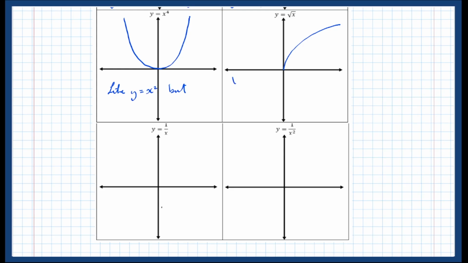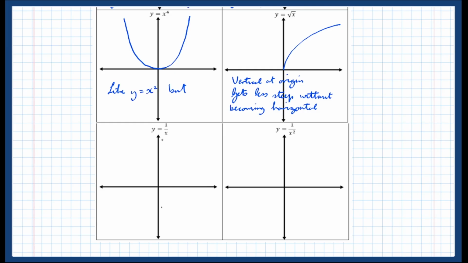So the key features are vertical at the origin and gets less steep without becoming horizontal. Gets less steep without becoming horizontal. So the features of y equals root x graph, learn it.